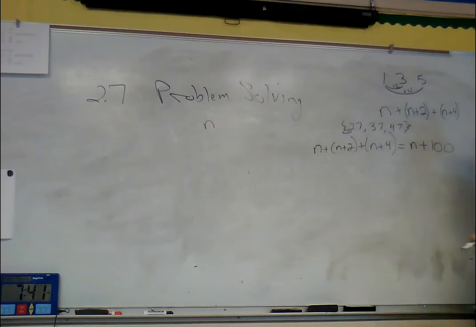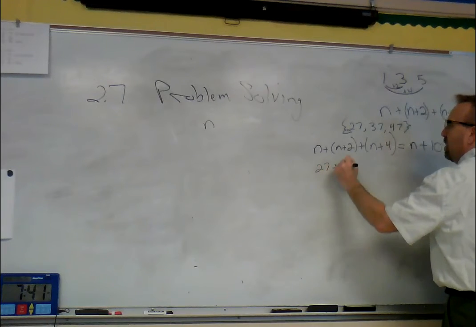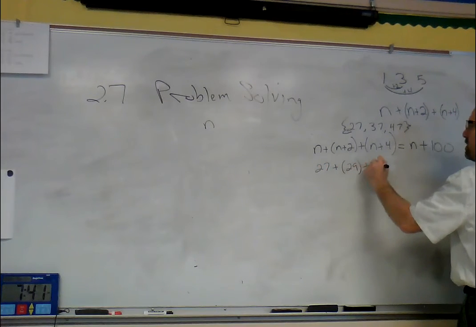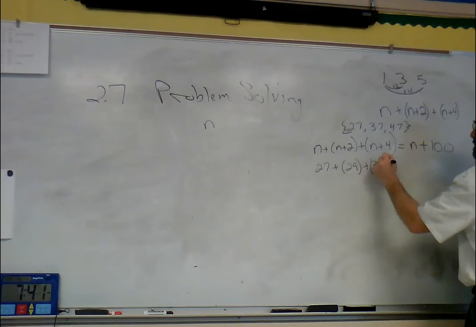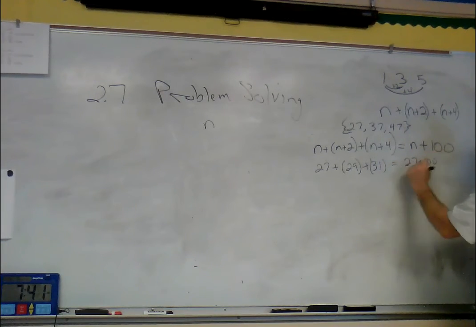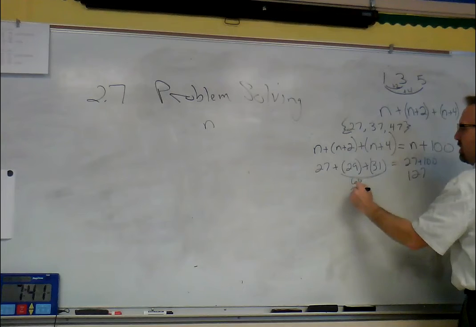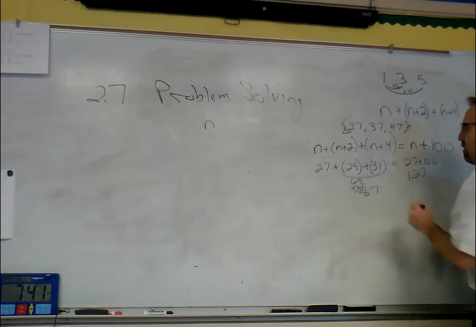So now we're going to put them in to figure out which one works. So we have 27 plus 29 plus 31. Although we need those parentheses, equals 27 plus 100, 127. That's 60, plus 27, 87. Is that one true?